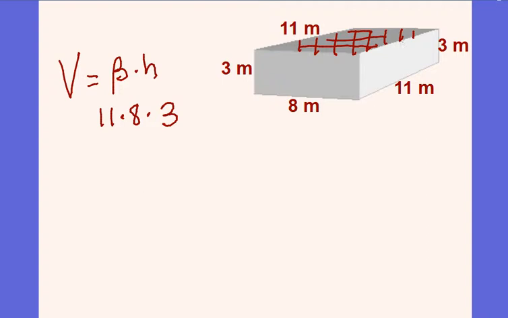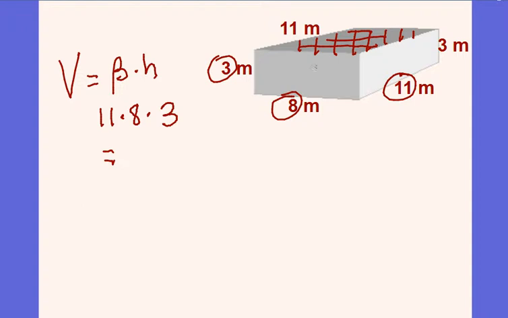In a rectangular prism, you only have 3 dimensions. You have height, you have width, and you have depth. You only have 3 dimensions. And so to find volume, you're going to multiply those 3 dimensions together.